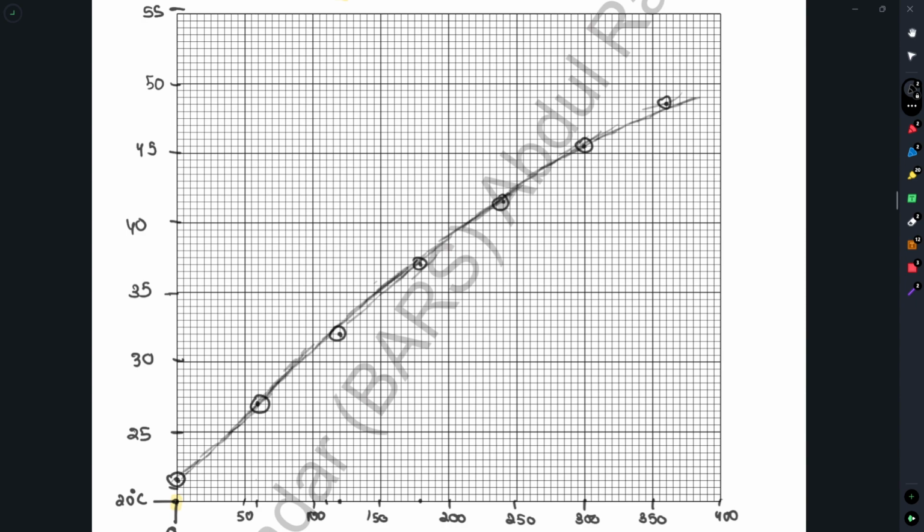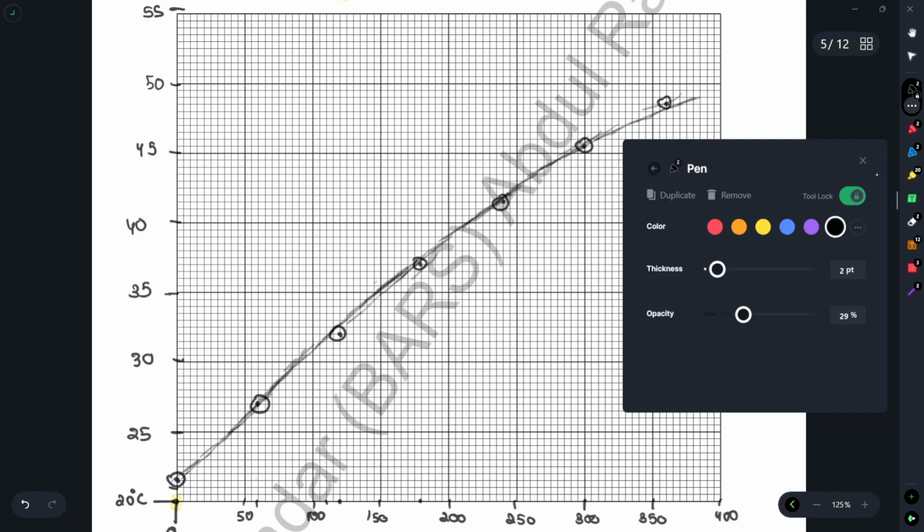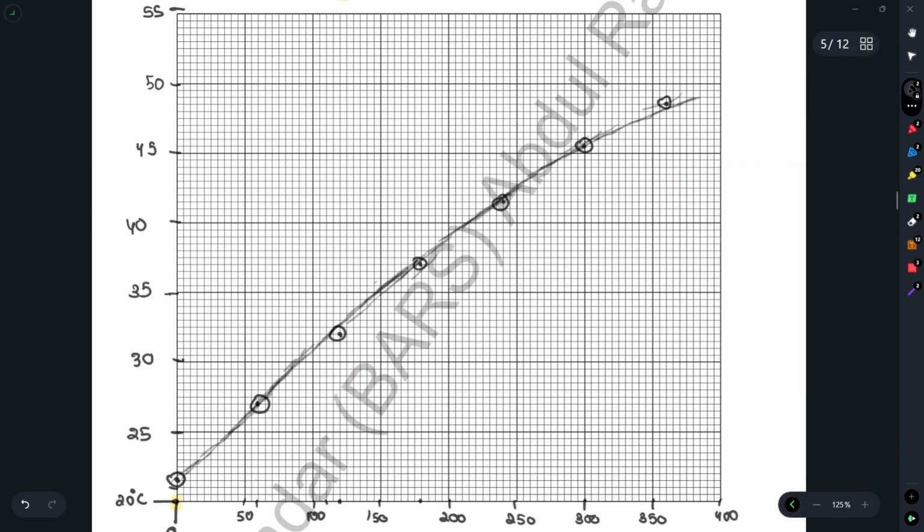All right, so yeah, this right here is giving me a better curve. So now we can draw this with a firmer hand. So the graph that we want to draw over here is going to be something along these lines.